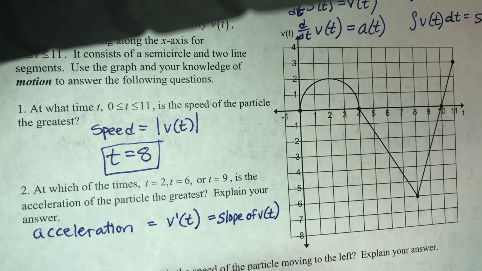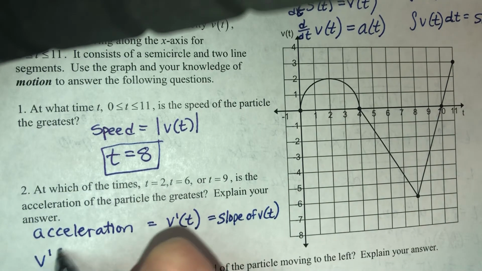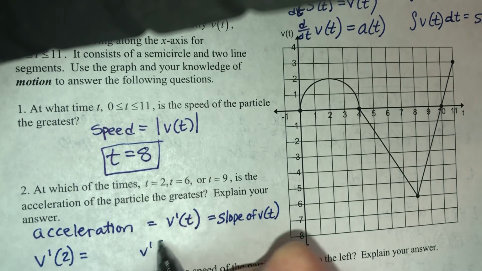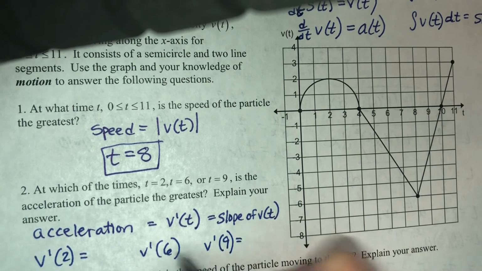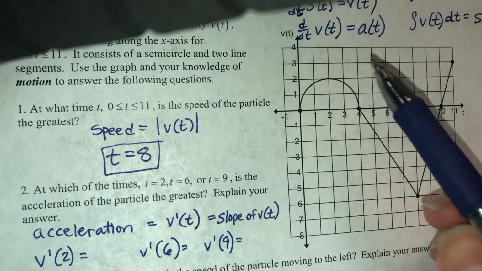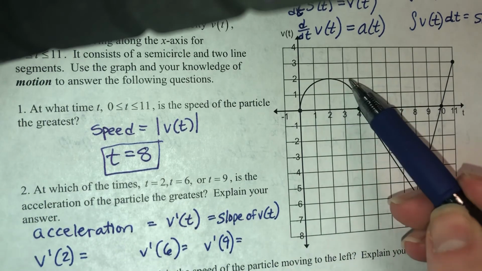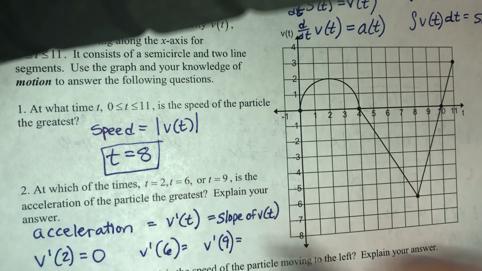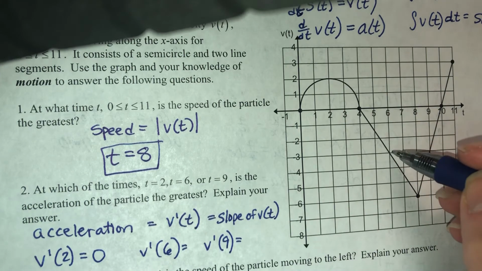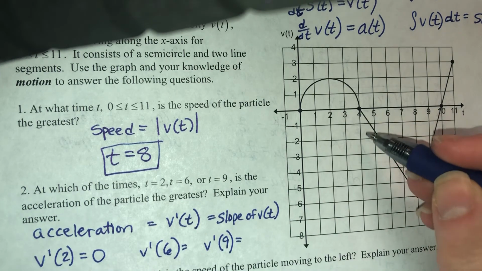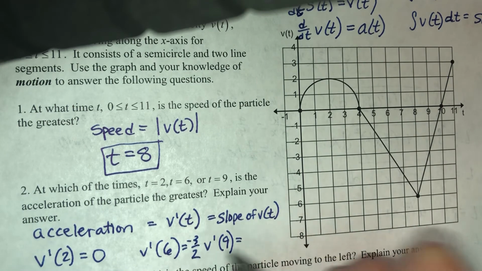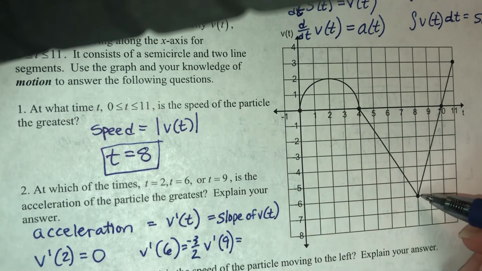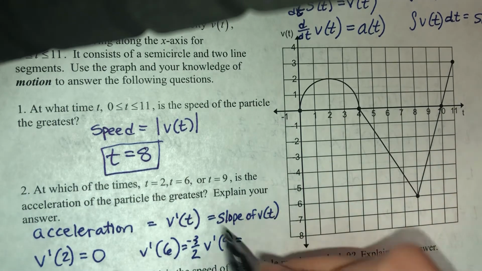So let's look and see what the slope is at 2, at 6, and at 9. At 2, that's a horizontal tangent line, so I'm going to call that 0. At 6, this is a line, so down 1, 2, 3 over 2, -3 halves, doing rise over run here. And then at 9, rise 1, 2, 3, run 1.